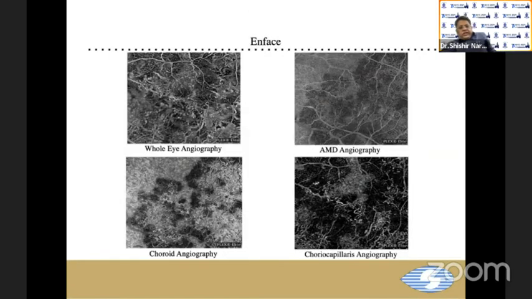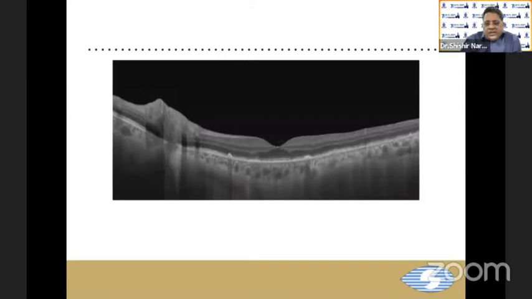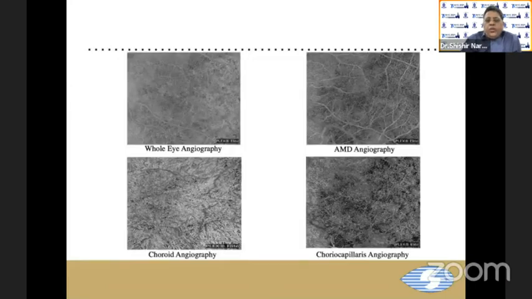And then the OCT angiography is showing you the areas of non-perfusion or capillary voids that are present there. And as the inflammation comes down, the thickness comes down, and you see that the voids are going away.